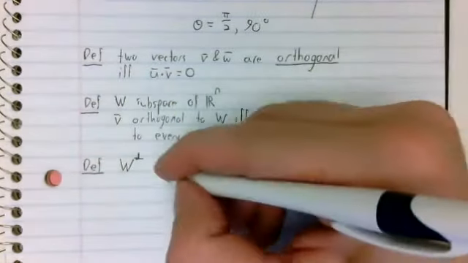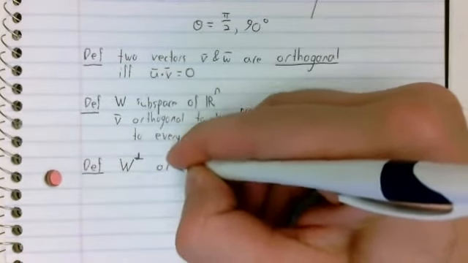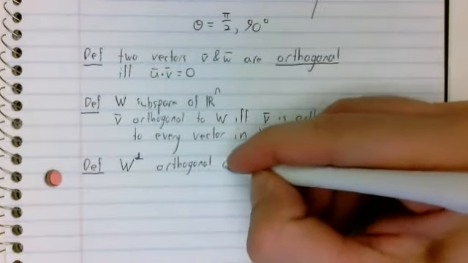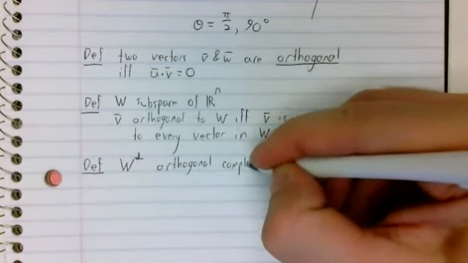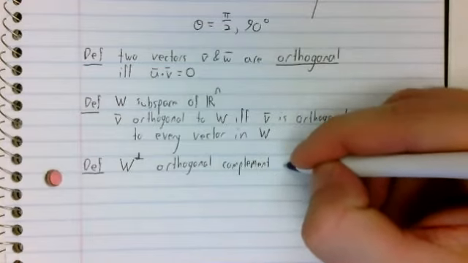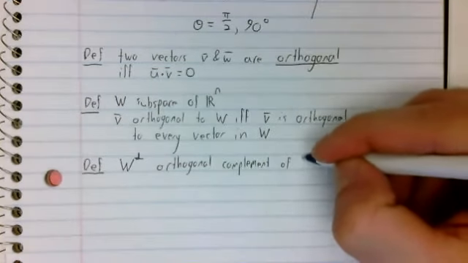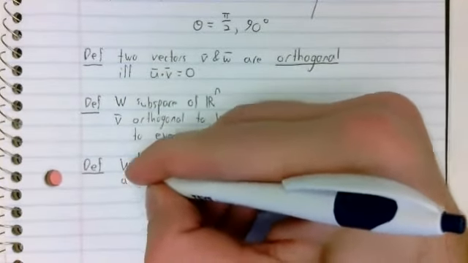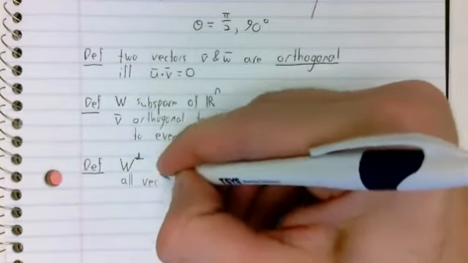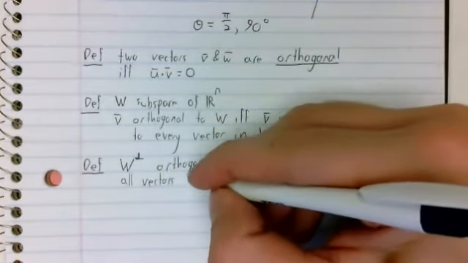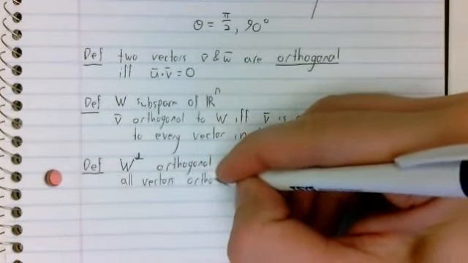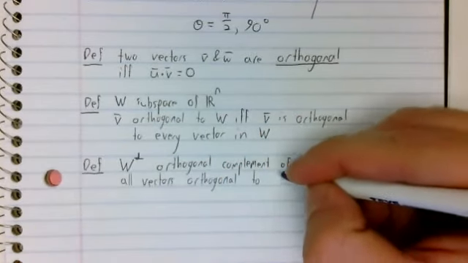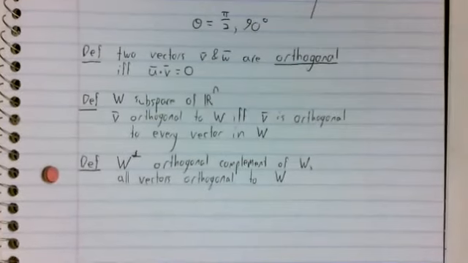So this is called the orthogonal complement of W, and it's the set of all vectors orthogonal to W.